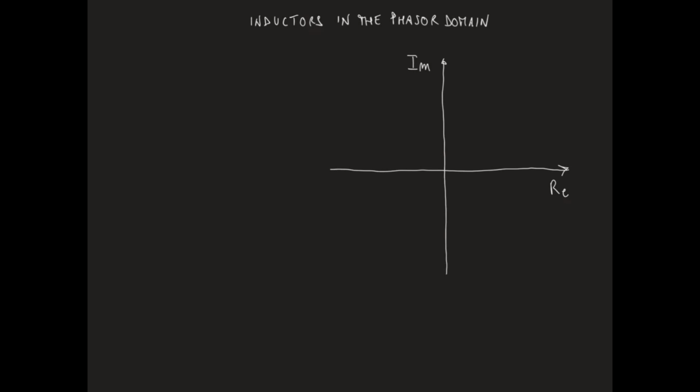So, given an inductor with inductance L, the voltage across the inductor, VL bar, is given by j omega L times the current IL flowing through the same inductor.